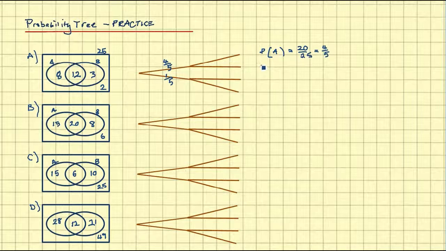Okay, what about my second branch then? Probability then of event B happening. Well, event B, I can read off from here, is going to be 12 add 3, that's 15 out of 25.